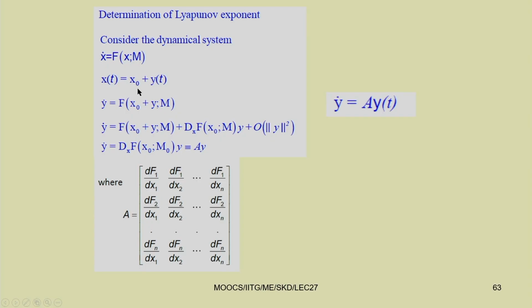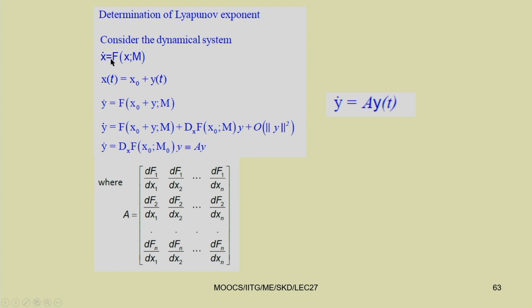So, how will we determine this Lyapunov exponent? For a dynamical system we can write x dot equal to f(x; m). Let us give a slight variation. Starting with x0, if we have a variation yt, then xt can be written as x0 plus yt.